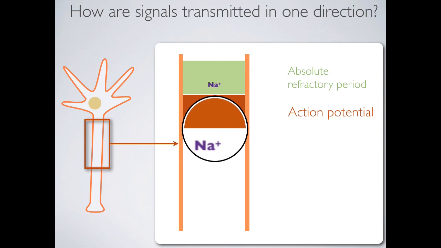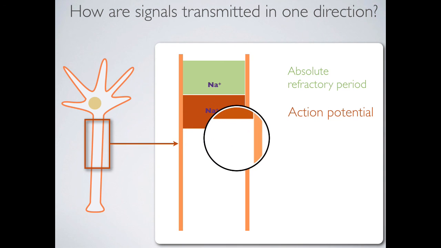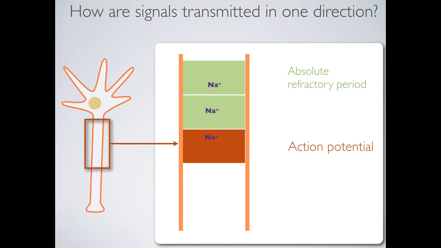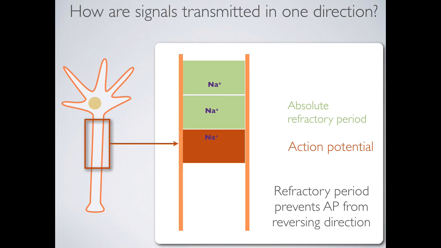Instead, on the other end, this membrane is at rest and it can be activated, so the action potential moves along. Again, the region that was just activated transitions into the absolute refractory period, is insensitive to any more sodium, and can't be reactivated. As a consequence, the refractory period prevents an action potential from reversing direction.